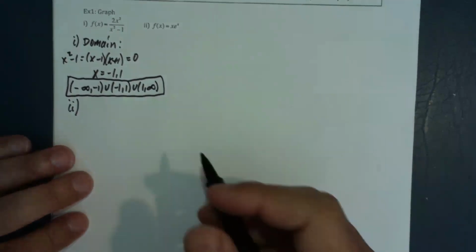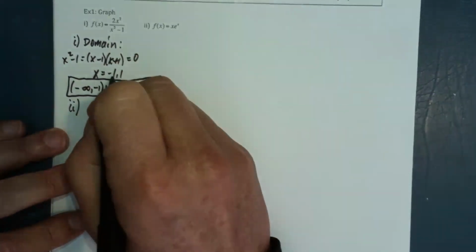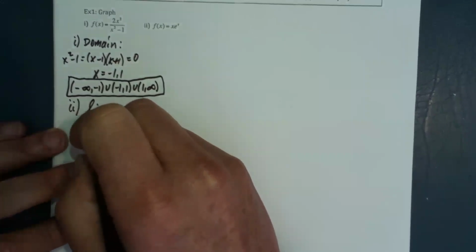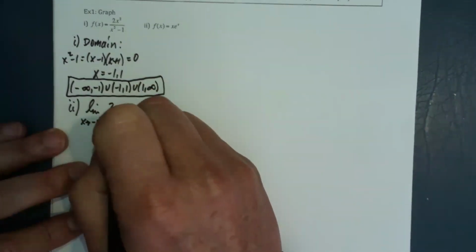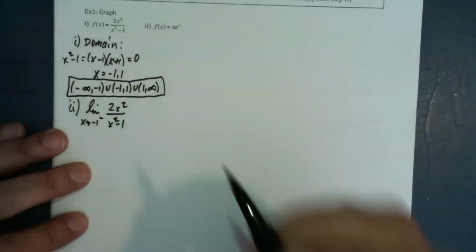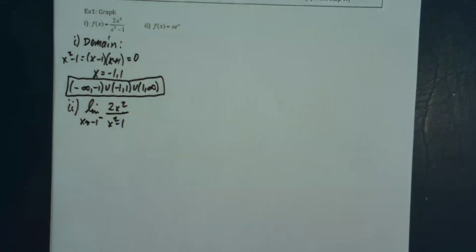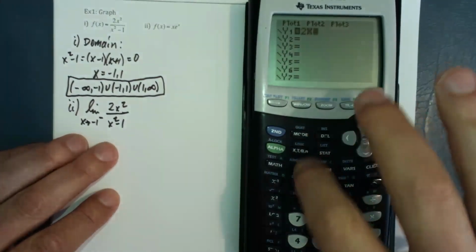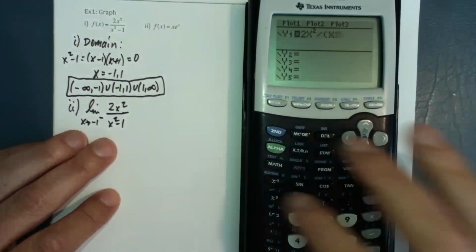So basically, our potential vertical asymptotes are at -1 or 1. So let's find the limit as x approaches -1 from the negative direction. It's going to be 2x squared over x squared minus 1. One of the tricks that I showed you is to go into our calculator and put the function in: 2x squared divided by, make sure you use parentheses, x squared minus 1.